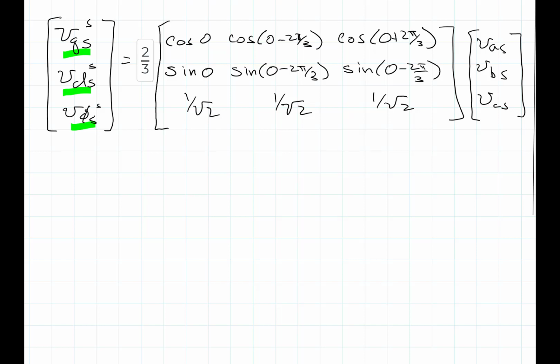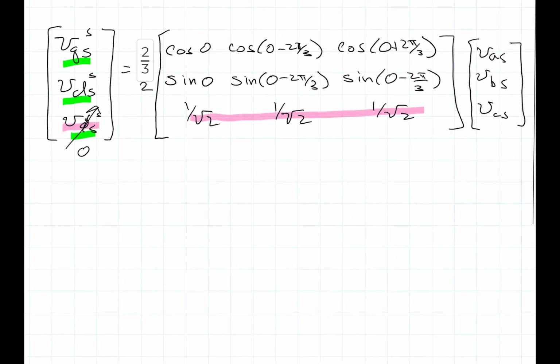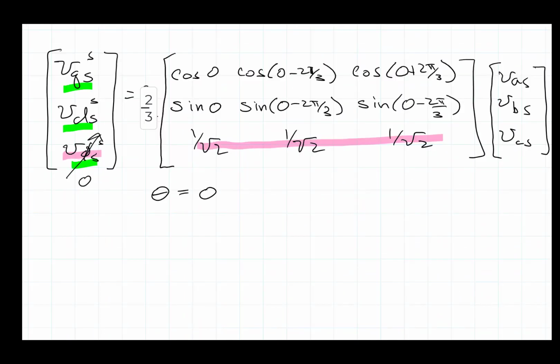We're going to basically say there's no common mode, so this is 0. Therefore, this entire row can be ignored. And we've assumed now that theta is 0. So we have these 0 terms here.